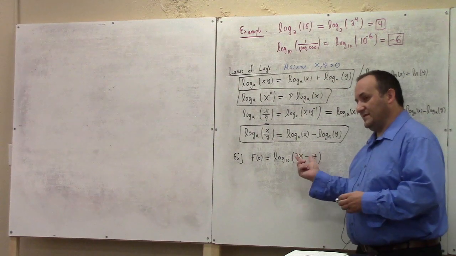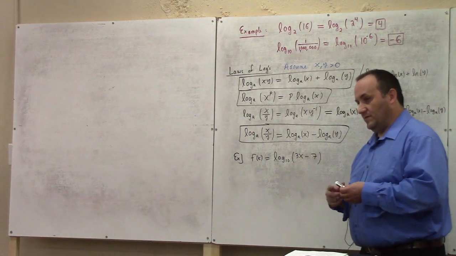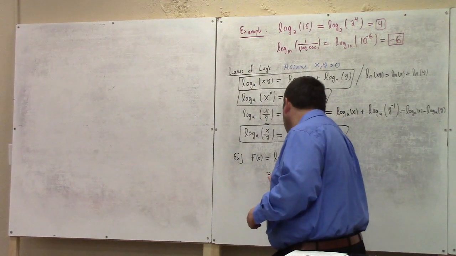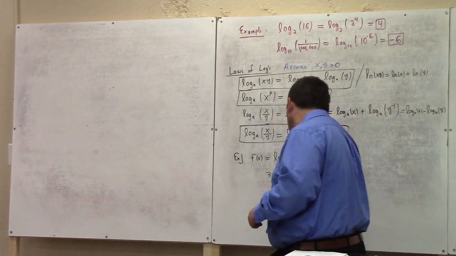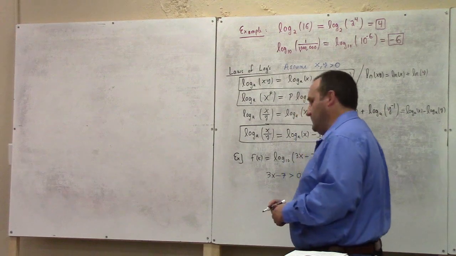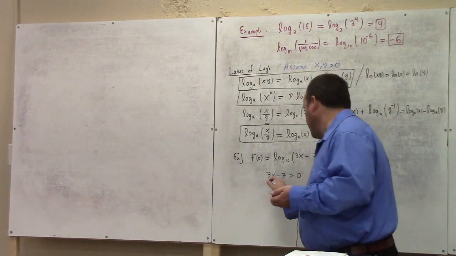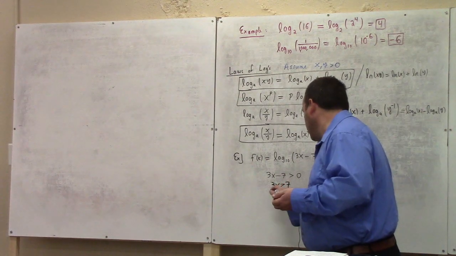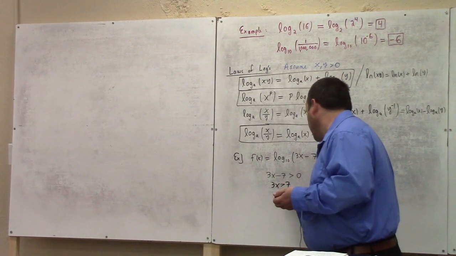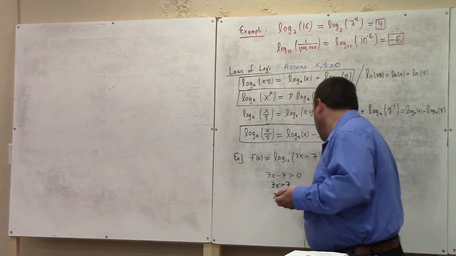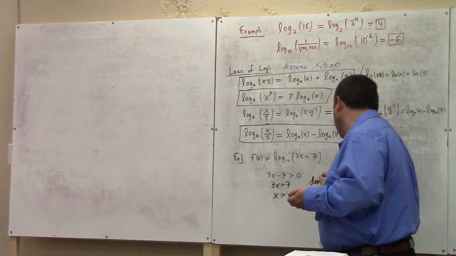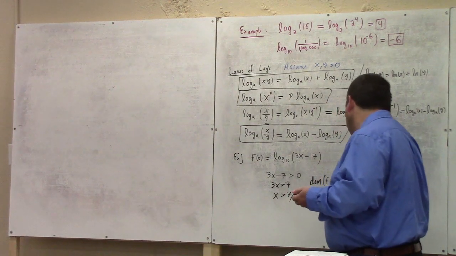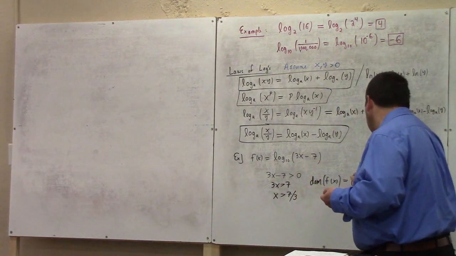We need 3x minus 7 greater than 0, so 3x greater than 7, so x greater than 7/3. So the domain of f of x here would be 7/3 to infinity.